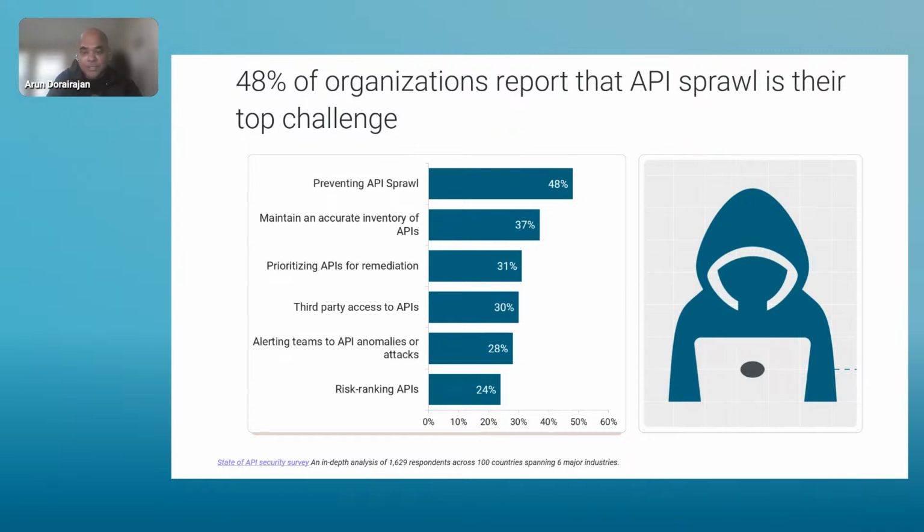And if you look at the rest, 37% can't even maintain an accurate inventory of their APIs. 30% worry about third party access, and only 24% can risk rank APIs. So it's like running a city with no map, no zoning rules, and no fire department, but you still hand out the keys to everyone.